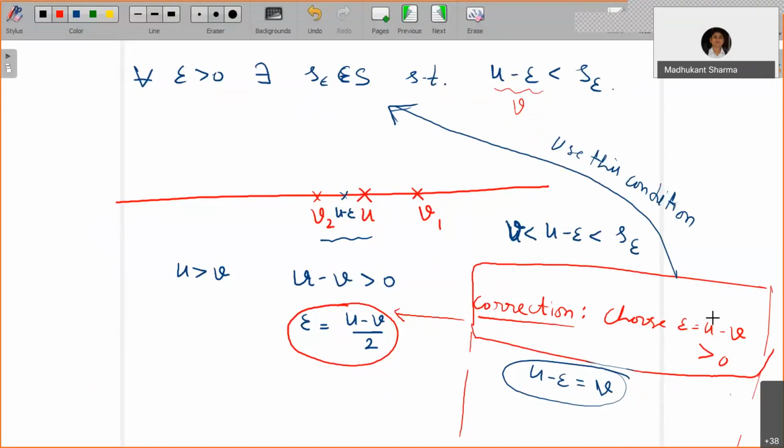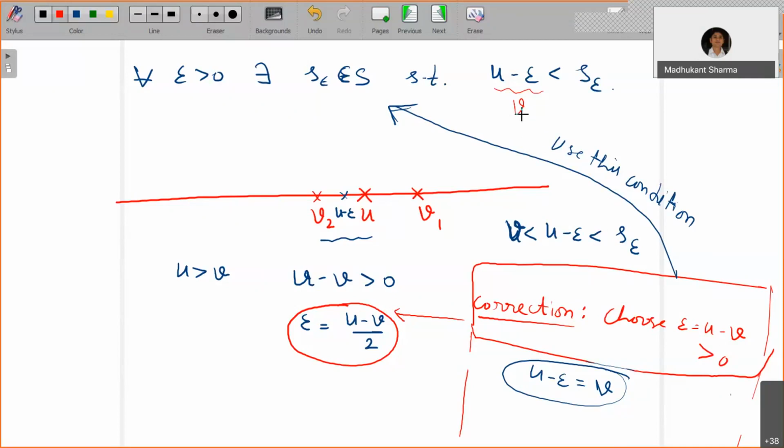So there is no other possible upper bound which lies to the left of u, you can say. Okay, right. So this establishes our claim that u is a least upper bound whenever it satisfies the following condition.